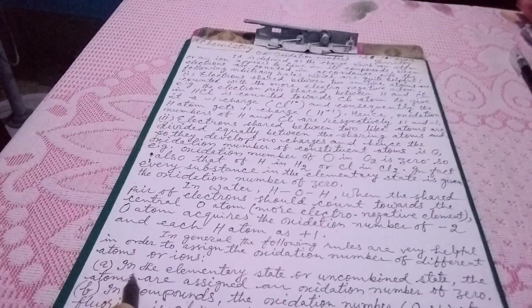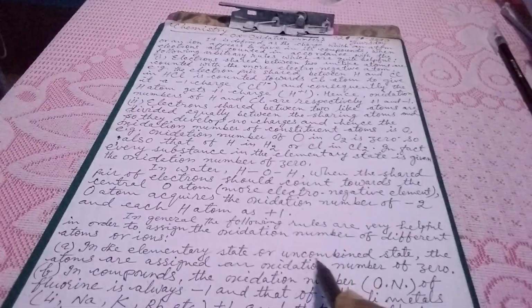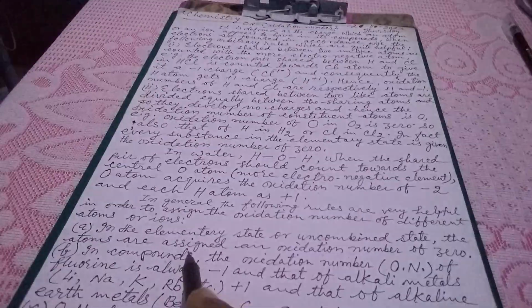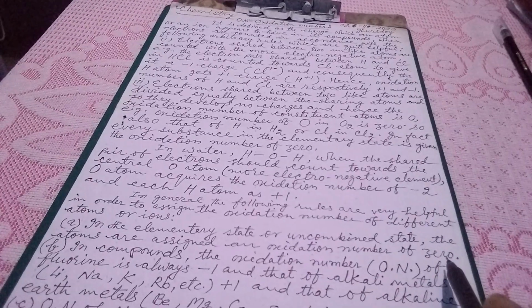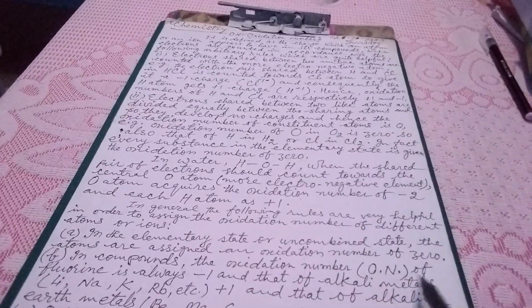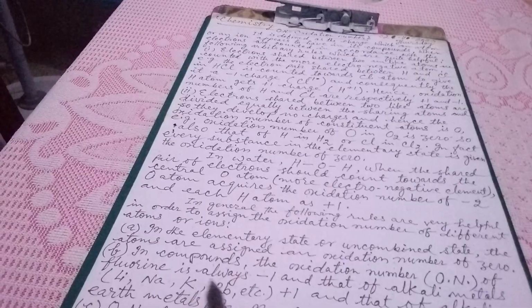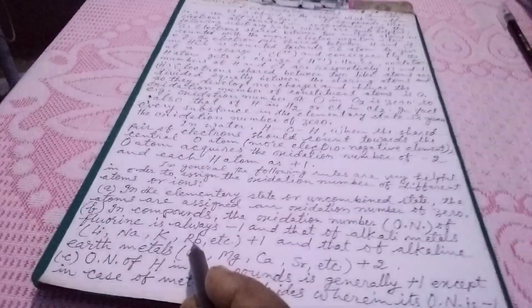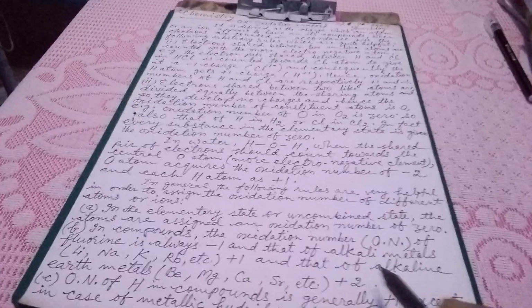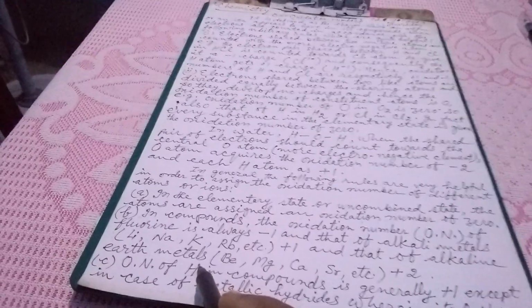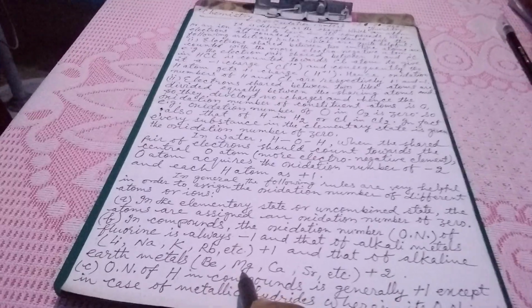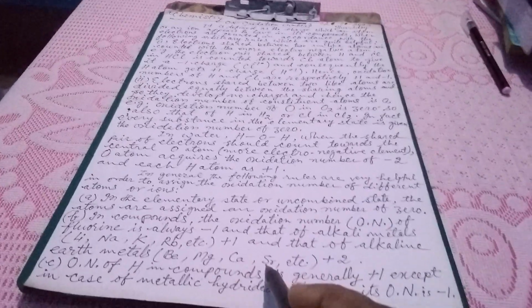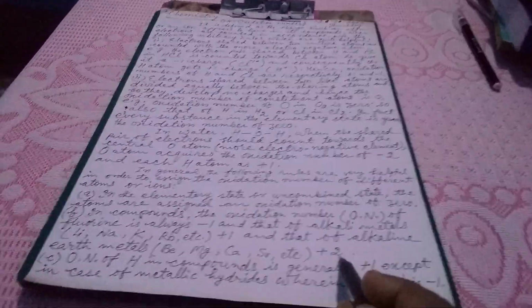A. That means the first point. In the elementary or uncombined state, the atoms are assigned an oxidation number of 0. B. In compounds, the oxidation number of fluorine is always -1, and that of alkali metals like lithium, sodium, potassium, rubidium, etc. is +1, and that of alkaline earth metals like beryllium, magnesium, calcium, strontium, etc. is +2.